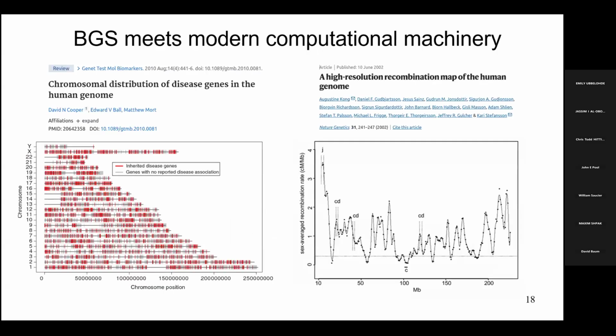So it turns out that we have these ingredients today. At least for humans and some other species as well, we have for some time now the positions of the exons across the genome. So we know where the constrained elements are. They are subject to negative selection. And since 2002, at least, we have a map of human recombination.